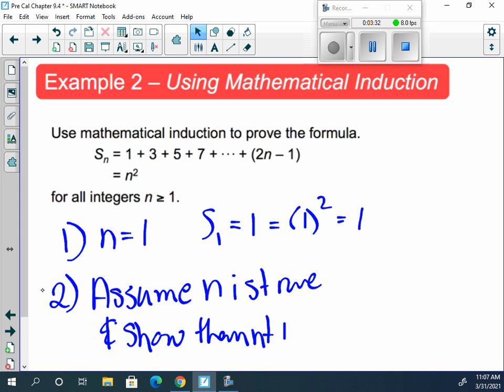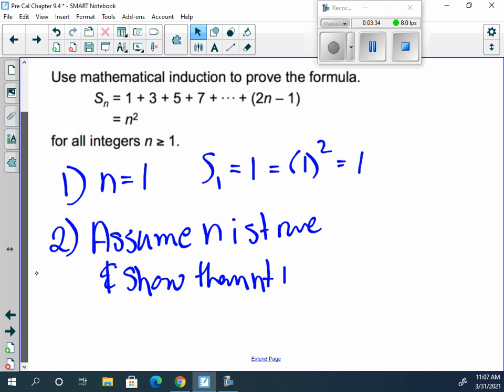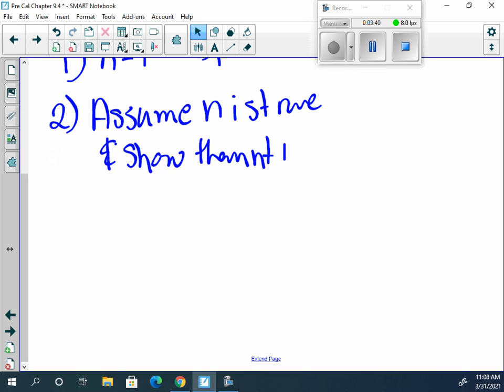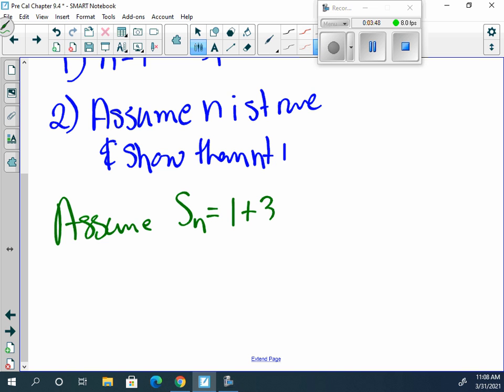So far we've already shown that this does work for the first term, so we have at least a basis to start with. Now what we are going to assume is that S of n, which is equal to 1 plus 3 plus 5 plus up to 2n minus 1, is true. So we're assuming this statement is true.